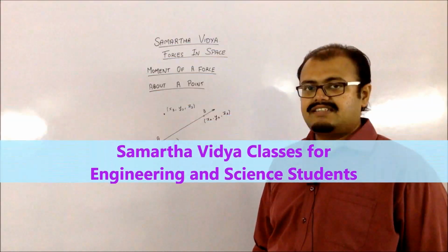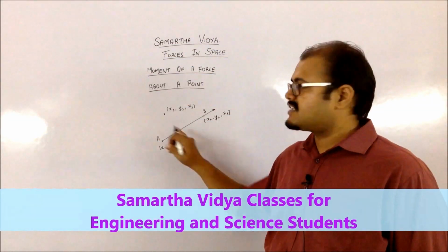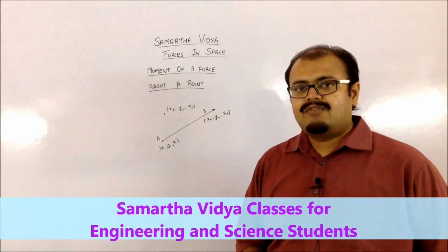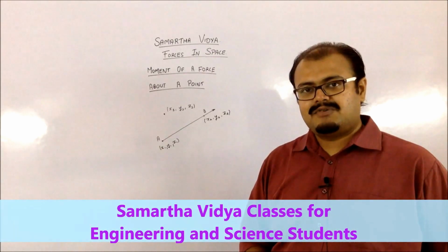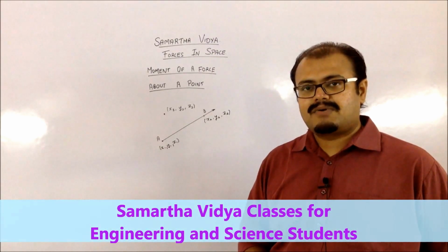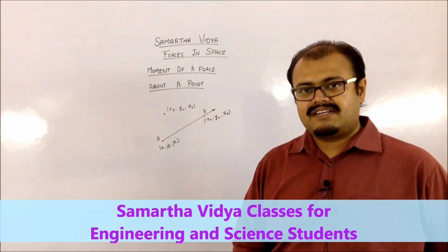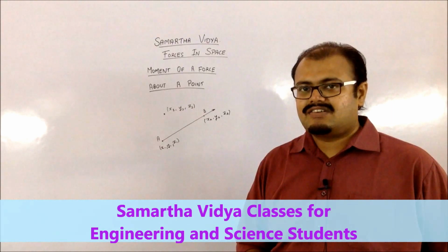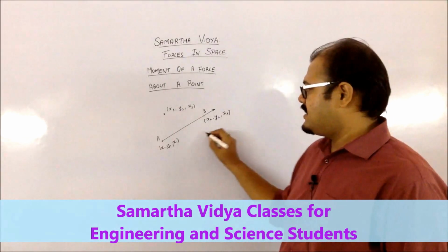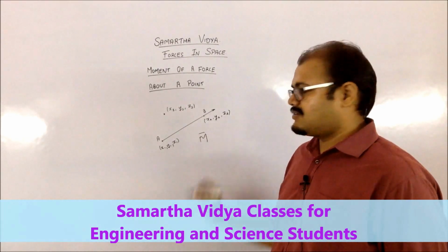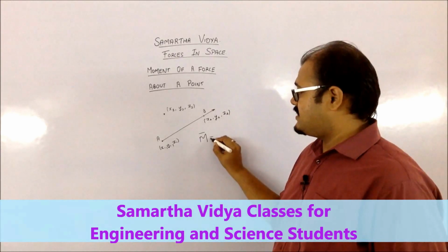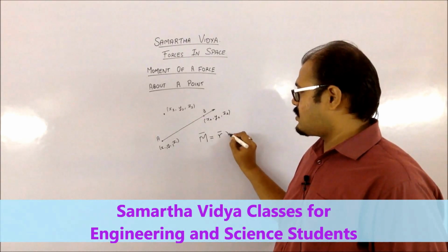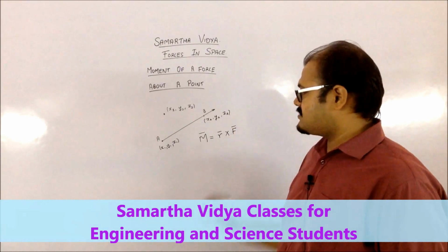So you have to find the moment of this particular force about this point. Now we had already seen what moment basically is. It is nothing but the product of the perpendicular distance and the force. But the actual definition of moment is that M, which is a vector quantity, is nothing but r cross F bar.